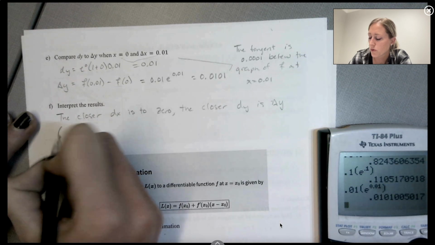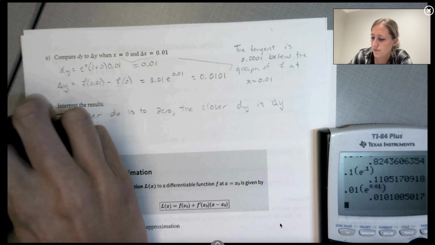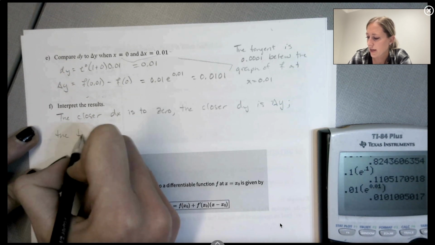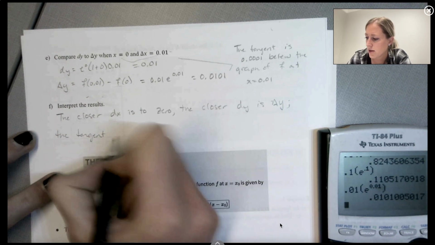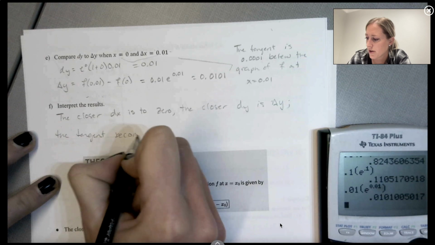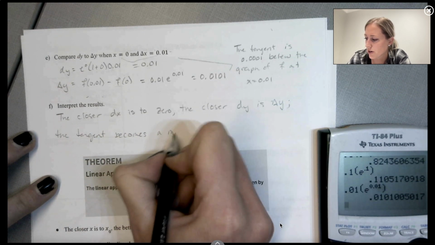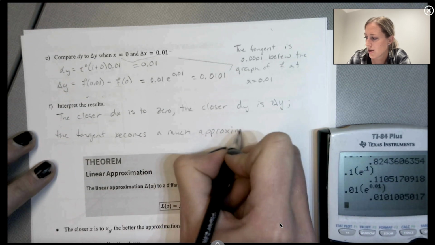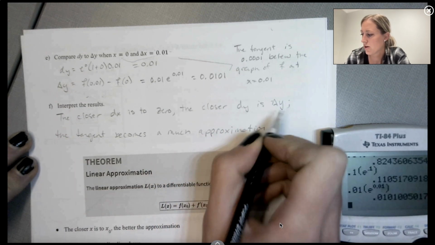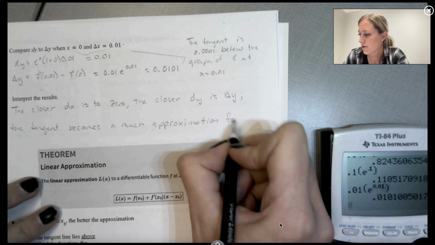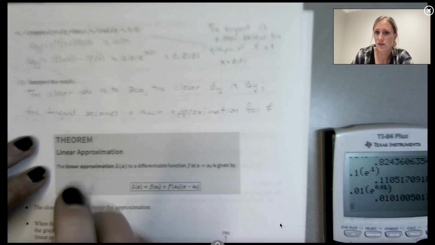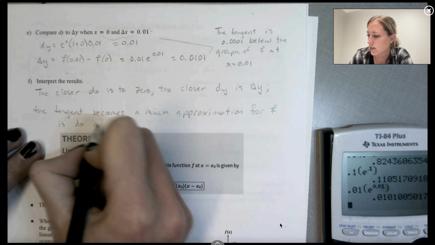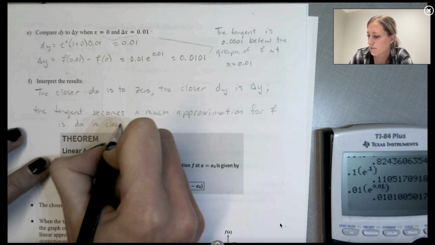Okay, so in other words, the tangent line becomes a much closer approximation for f of x, if dx is close to 0.